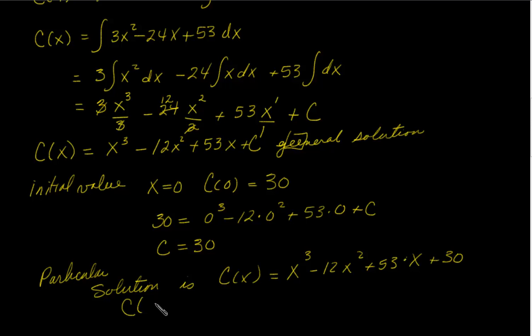Well, the cost would be C of 4, which would be equal to 4 cubed minus 12 times 4 squared plus 53 times 4 plus 30. And that answer will be in the units of thousands of dollars. And I don't have a calculator in my hand, and so I'm going to leave that with you.